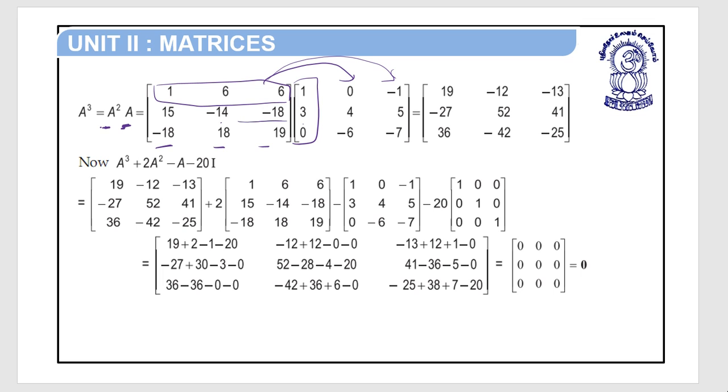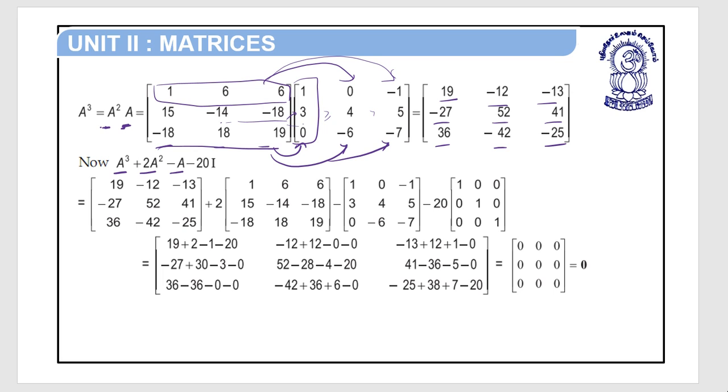Same way, second row, first column, second row, second column, and second row, third column, third row, first column, third row, second column, and third row, third column. And now as the solution we will get 19 minus 12 minus 13 minus 27 52 41 36 minus 42 and minus 25. Put all these matrix values in this equation.